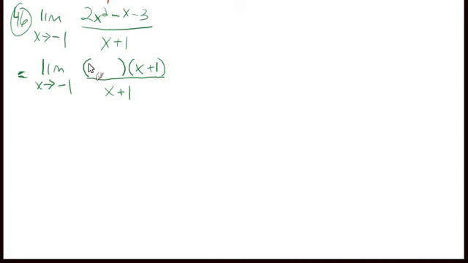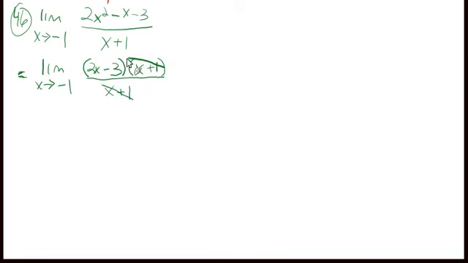Which leaves 2x. Gotta have the 2x for 2x squared. And now we need a -3, so all that's left is a -3. Let's see if that worked. 1 times 2x is 2x. -3 times x is -3x. You add those together, you get a -x. Okay, and we get to cancel these out.